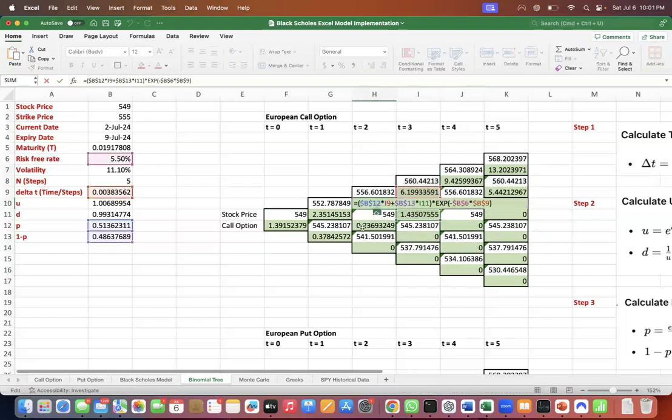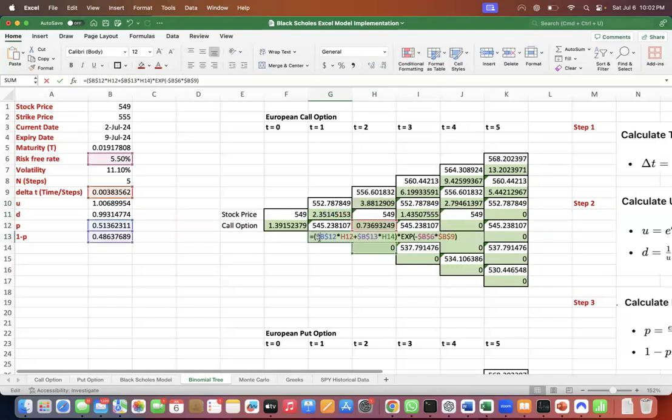Similarly, you'll just back propagate the same formula. So what you're going to do is multiply this value with p, then multiply this value with 1 minus p, add them, and then multiply everything by e raised to the power minus r delta t, and similarly the same formula for this. And then at t equal to 0, this is what you will do eventually.